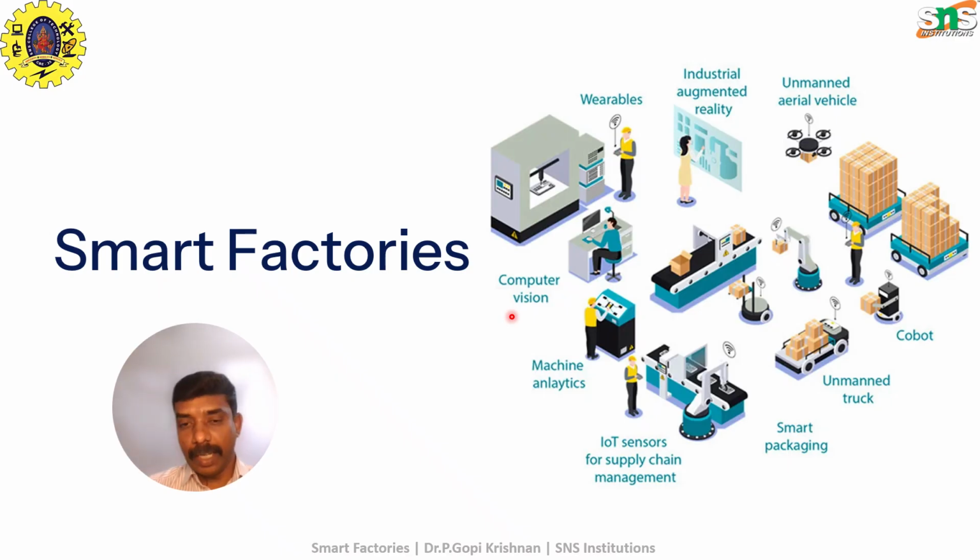And if there is any deviation, then the component will be analyzed for the variation of quality. From that, the data can be collected and used for the improvement of the efficiency. So these are all the subsystems which are connected with the smart factories. And come, let us see the components, ingredients, and advantages of smart factories in the subsequent slides.